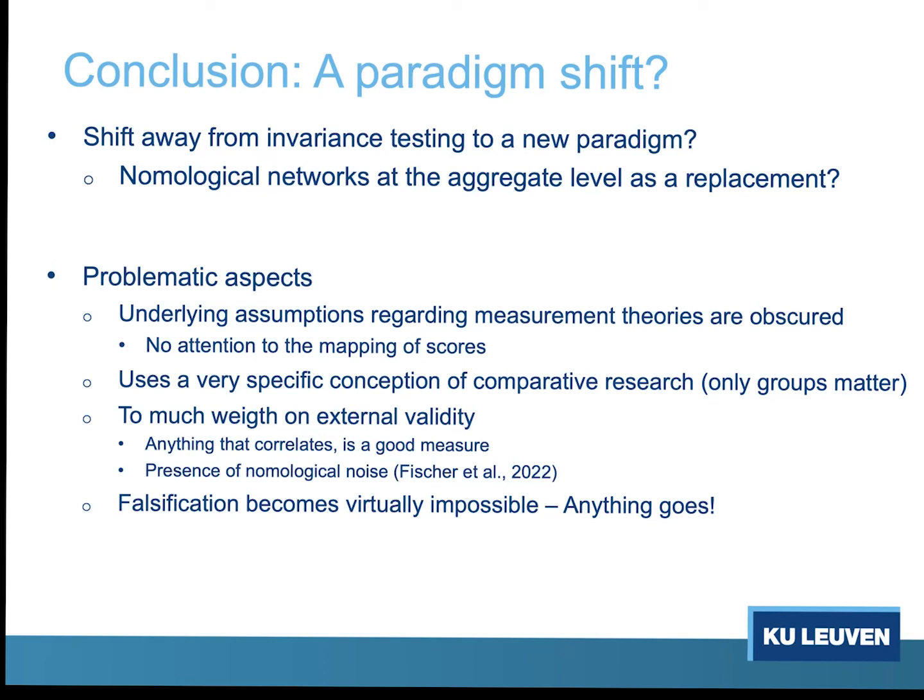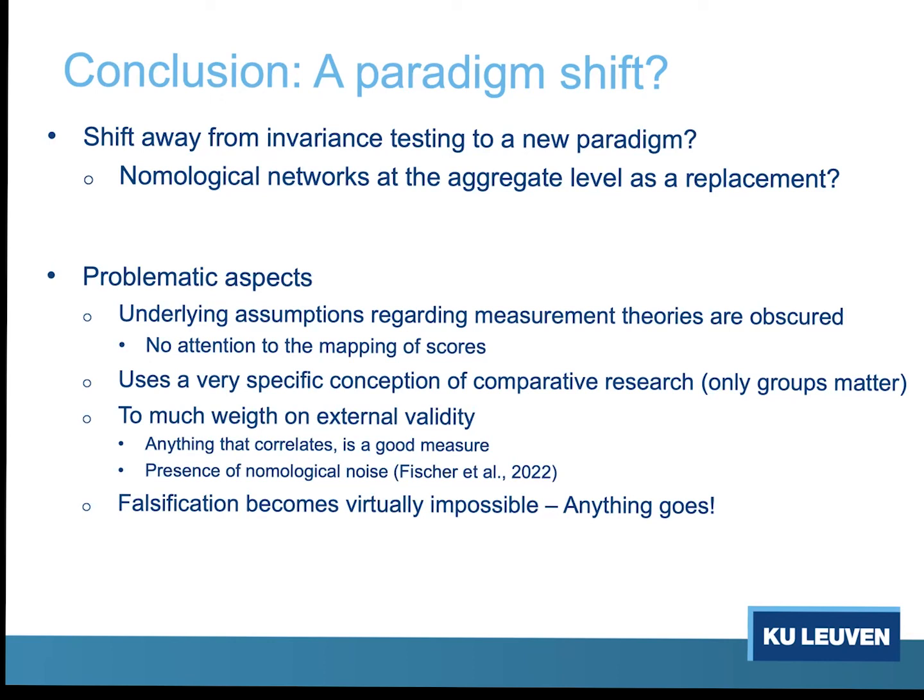Also, if you use external validation at the aggregate level, you use a very specific conception of comparative research. It's the idea that only the group matters, only the cultural level matters, and you really ignore what happens at the individual level. And then statistically, and I think here the commentary of Ronald Fischer and colleagues is very relevant to read, you cannot put too much weight on external validity because there is all kinds of nomological noise that can be present.